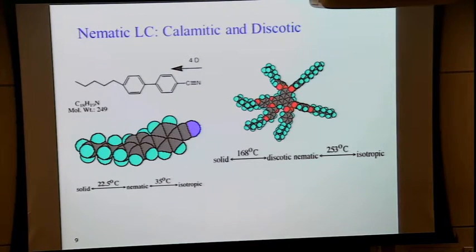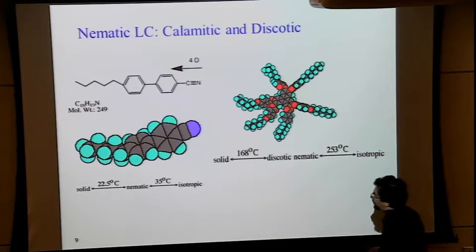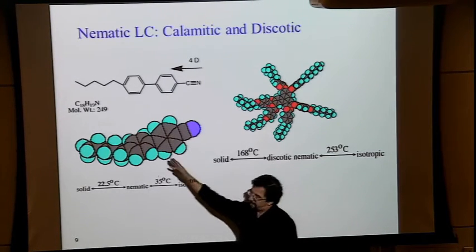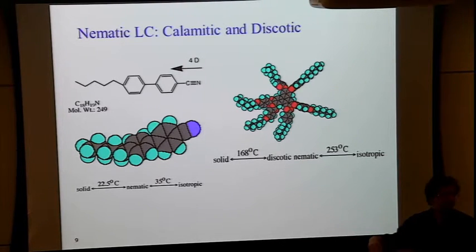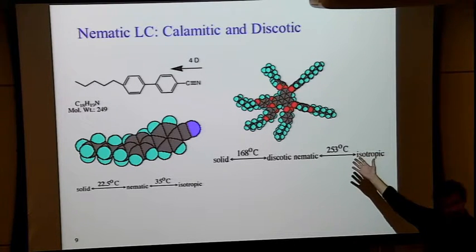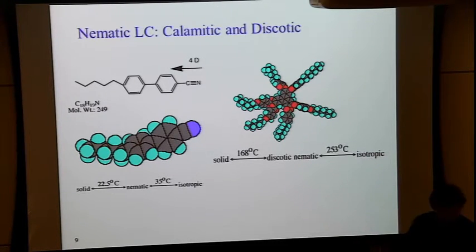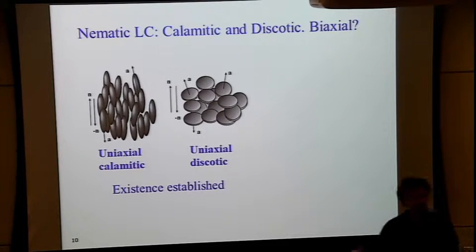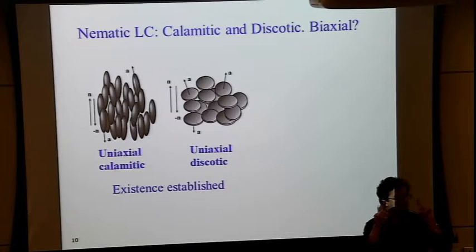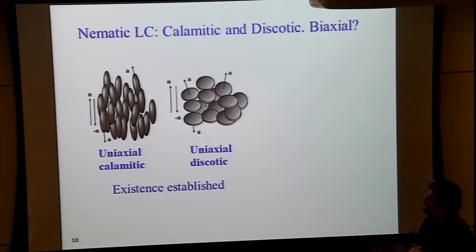Now we know that the materials that form this nematic phase are formed either by strongly elongated, rod-like molecules, or by molecules that have chemical anisotropy in a different direction, disc-like molecules. Both types of molecules produce a uniaxial nematic liquid crystal. What it means is that the molecules rotate around an axis, either the long axis or the short axis, and they are parallel to each other.